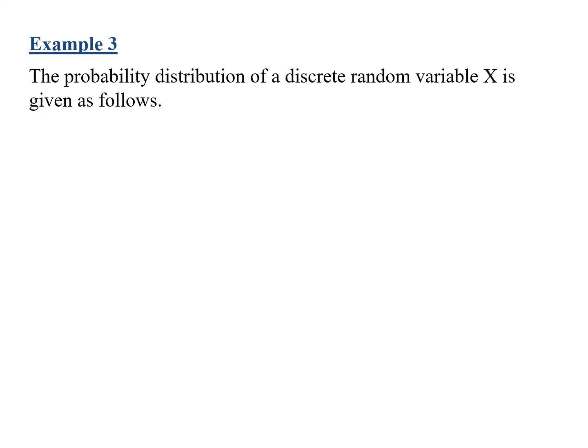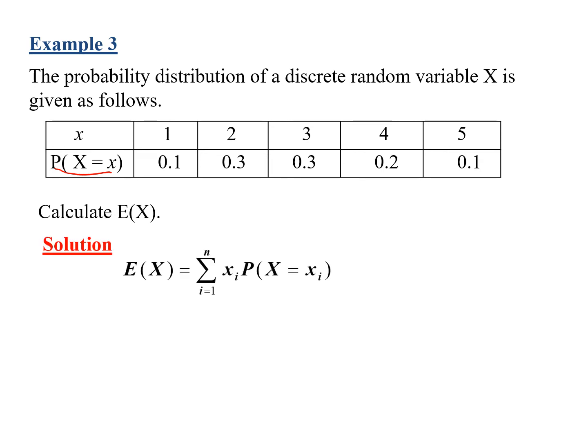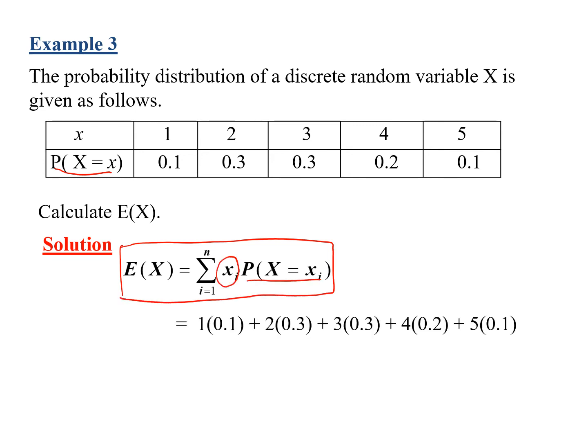Example 3. The probability distribution of a discrete random variable X is given as follows, in the form of a table. This one is the probability distribution function. Calculate E(X). For the solution, we use the formula E(X) equals the summation of x times the probability.